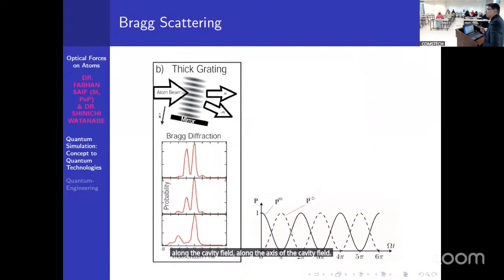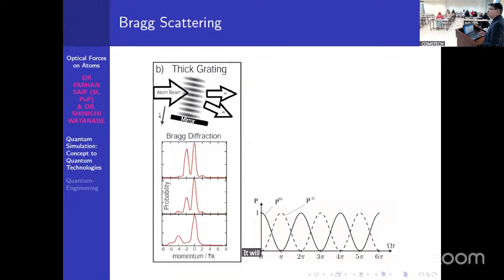So if this initial incident coming atom has some particular momentum along the cavity field, we say it as P naught, just naming it. And we shall see that after interaction with the cavity, which is having the optical field, the atom will be scattered.